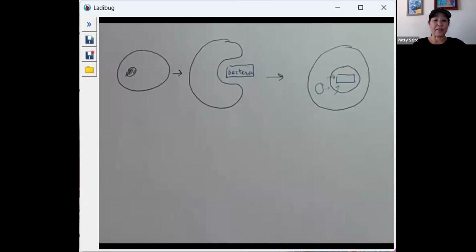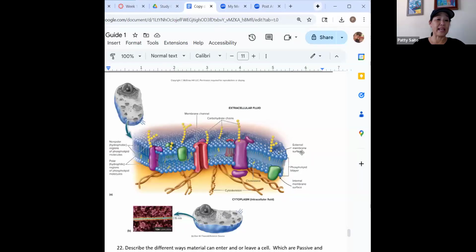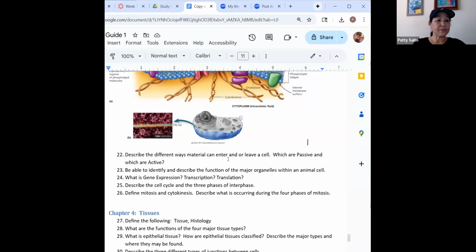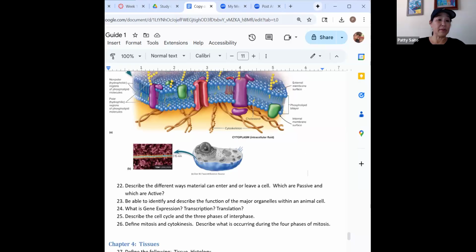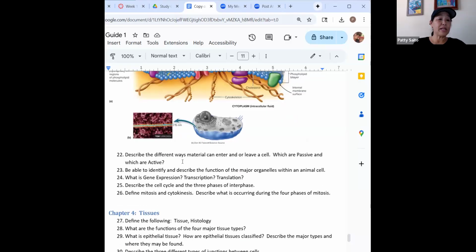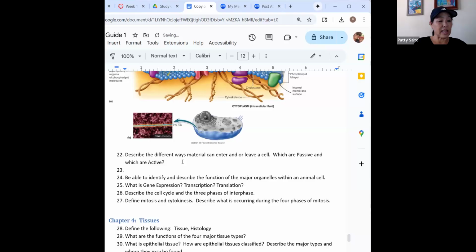All right, so hope you have a new respect for our membranes and what they can do. The next one kind of leads us to what I started talking about. Now we know what the membrane kind of looks like. Is it the same way that material is brought into the cell, or the same way that things are taken out of the cell? Because we have to secrete stuff.